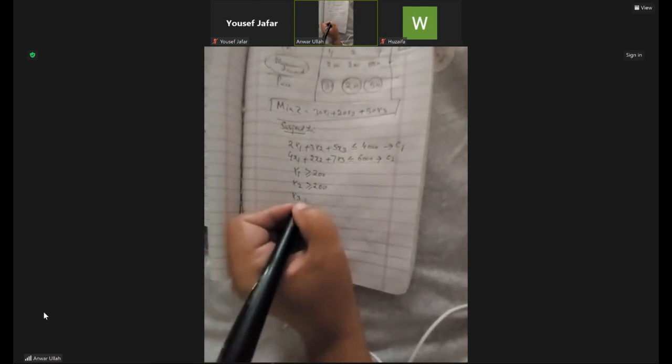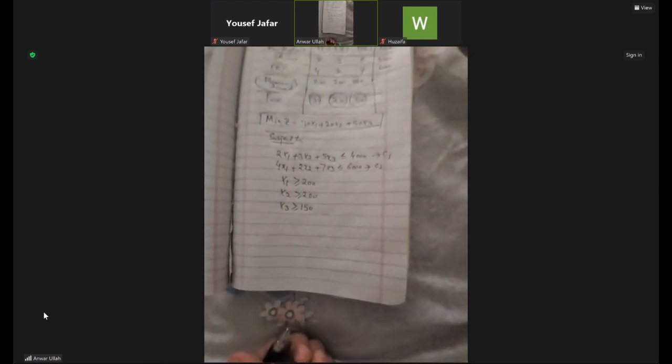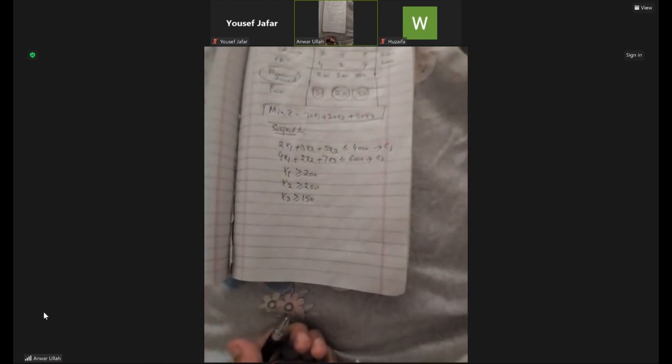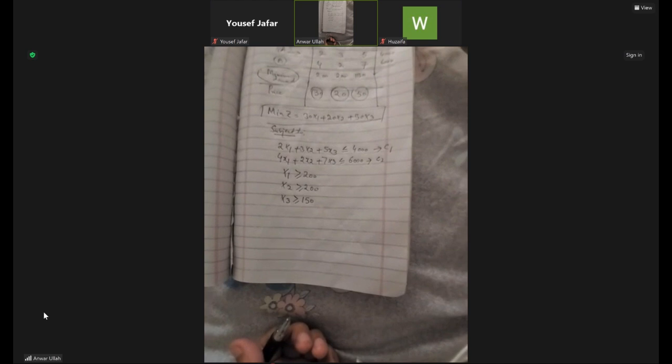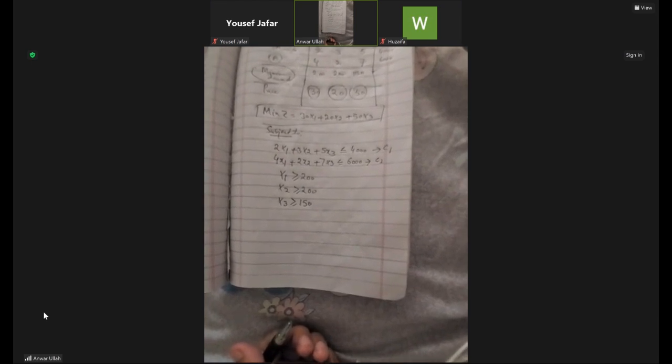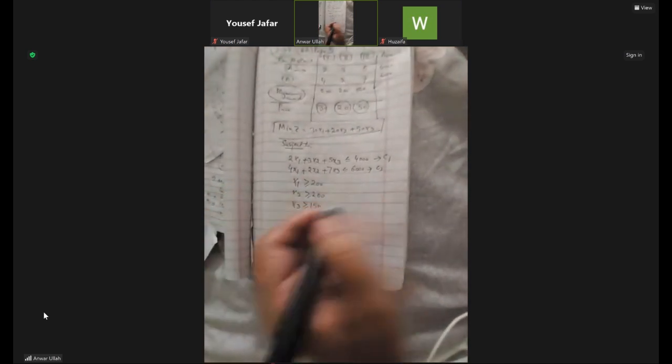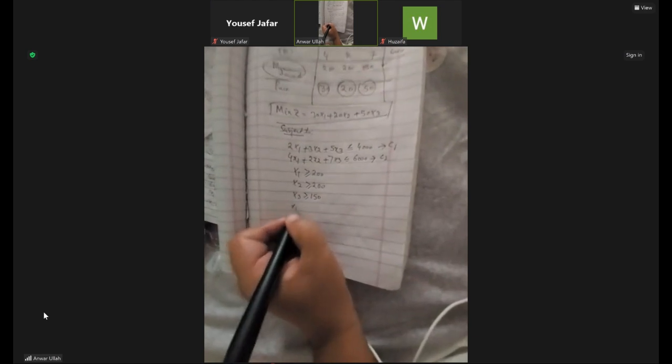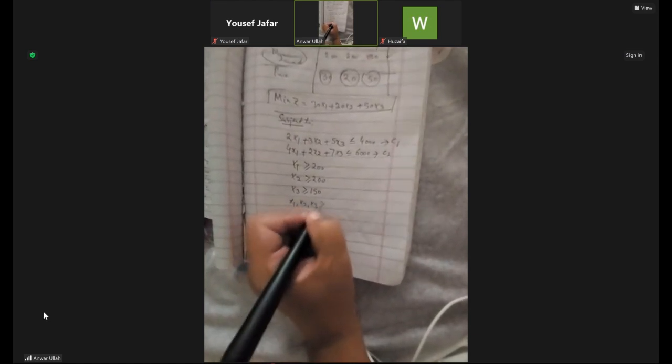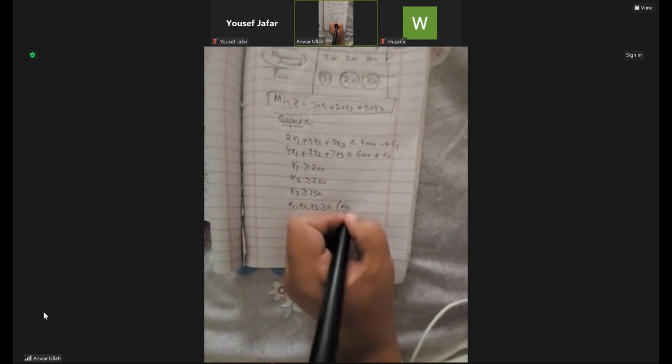And x3 minimum demand is 150, so x3 must be greater than or equal to 150. So these are the constraints, and the other one will be x1, x2, x3 greater than or equal to 0, which is the non-negativity constraint.